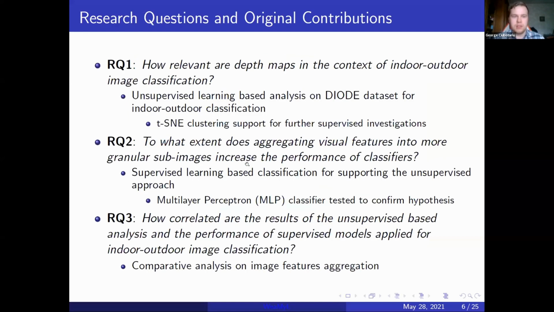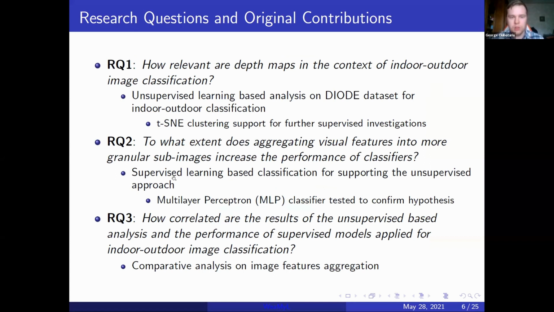So we are going to ask now, how relevant are depth maps in the context of indoor-outdoor image classification? And for doing that, we're going to use an unsupervised t-SNE clustering algorithm on the DIODE dataset.